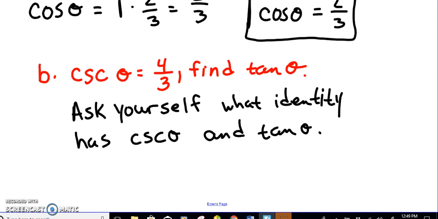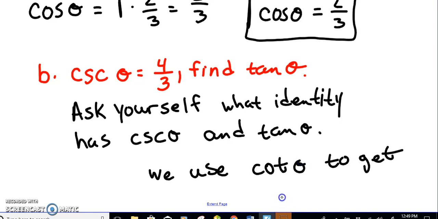That doesn't have tangent in it, but can we do something to cotangent to get tangent? So we can use cotangent to get tangent.